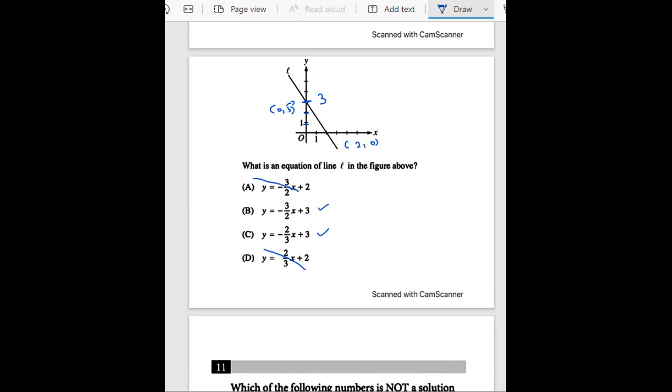So it's very obvious. It is y2 minus y1 divided by x2 minus x1. So y would be in the numerator. This means 0 minus 3 by 2, which is -3 by 2. So B would be the answer. Is this okay? Both of you? Yes, ma'am. Okay.